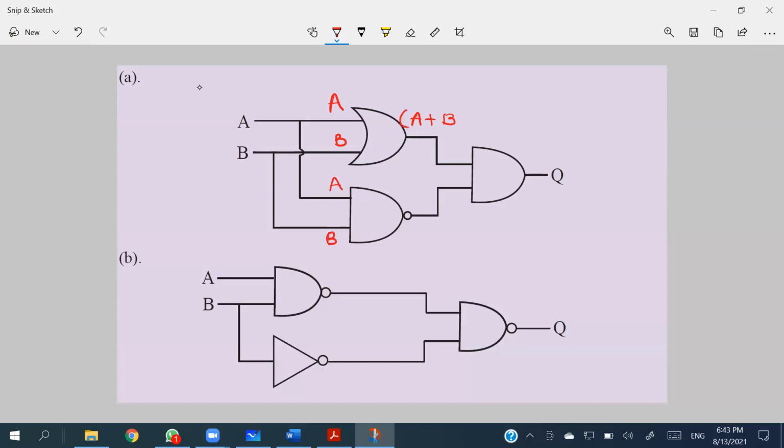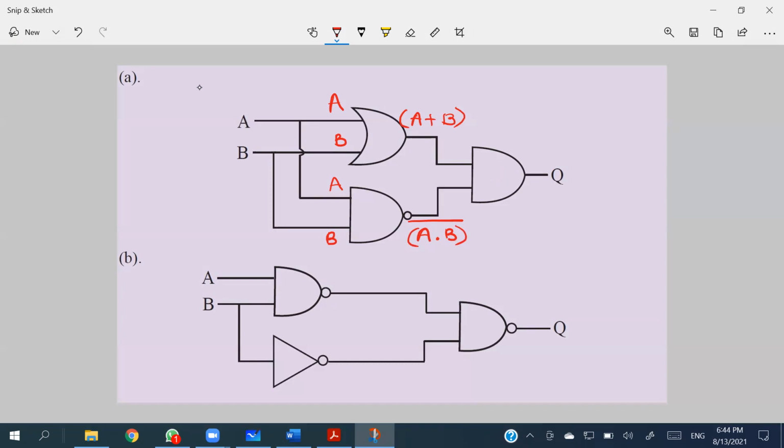So what happens in a NAND gate? It's better you have brackets for A and B. In a NAND gate, it multiplies and complements. So A dot B happens, then we have a total bar. And then these will be the inputs for this gate, right?